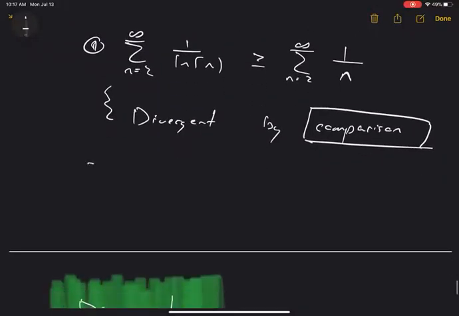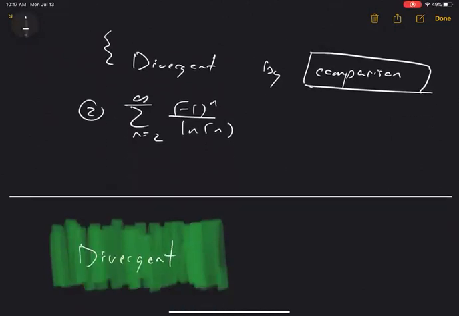Okay. Then I look at the original series. All right. I need to show that this is convergent, and this is convergent by what? Alternating series test. And again, I'm skipping some steps in between here.